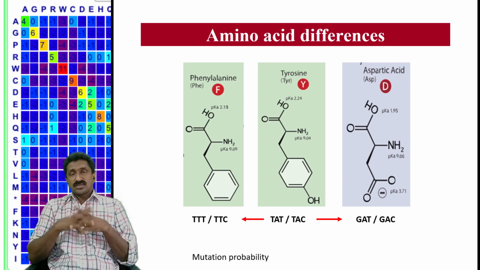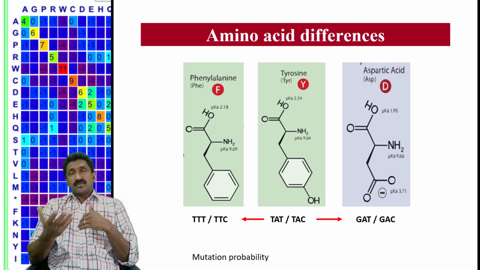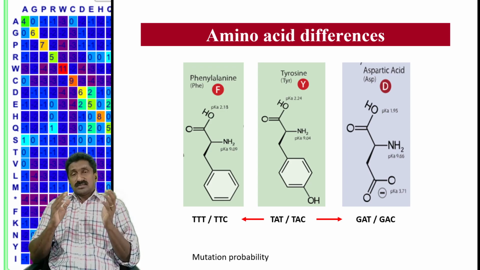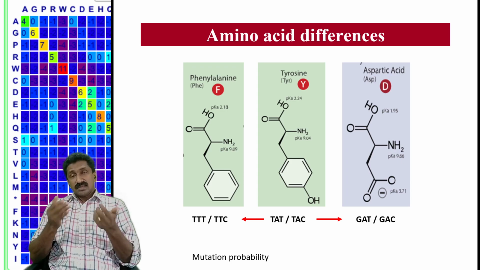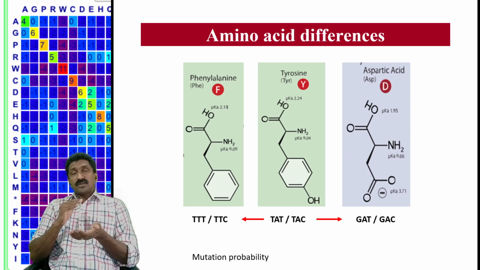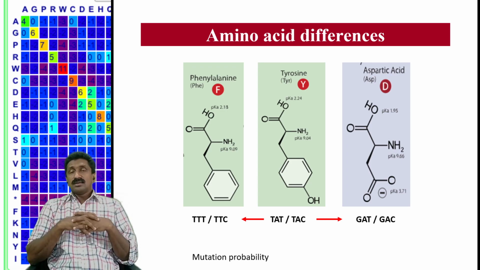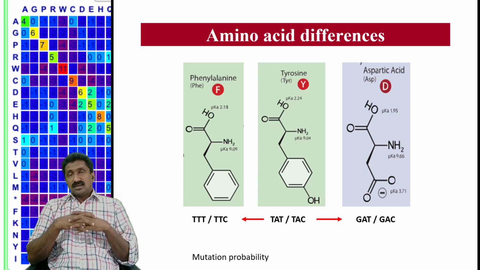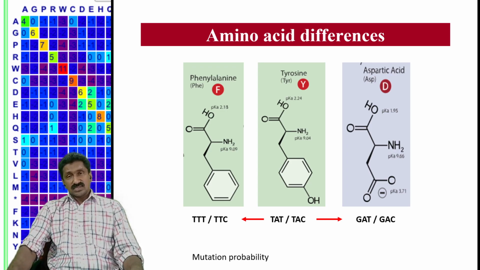Based on this, the mutation probability will be higher in some types of amino acids, whereas in other cases the possibility of replacement of a particular base with another base will be minimal, and in some cases there will be a higher possibility of replacement of a particular nucleotide with another one. So this difference in the mutation possibilities will be taken into account while you are calculating the evolutionary distance.